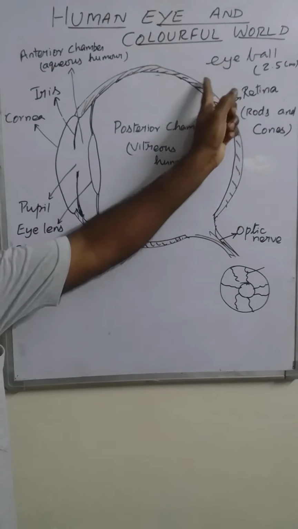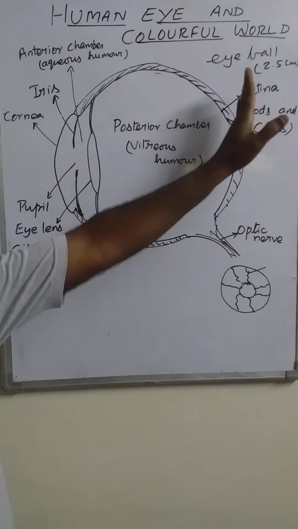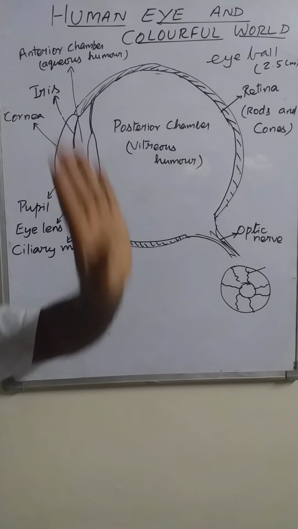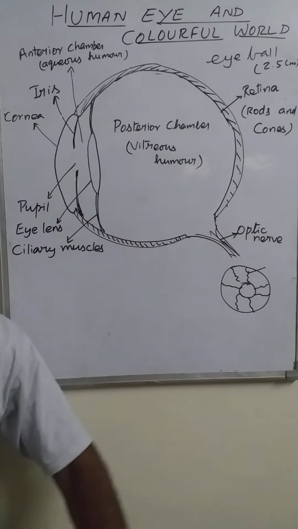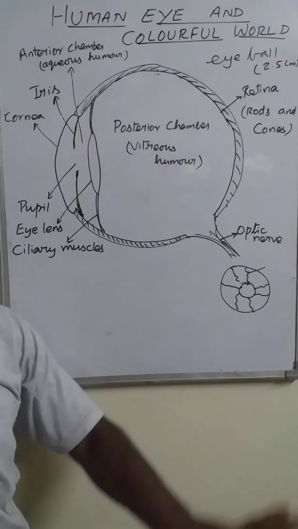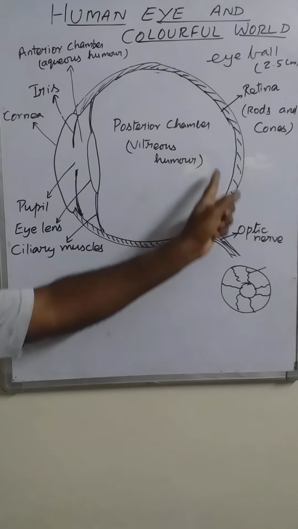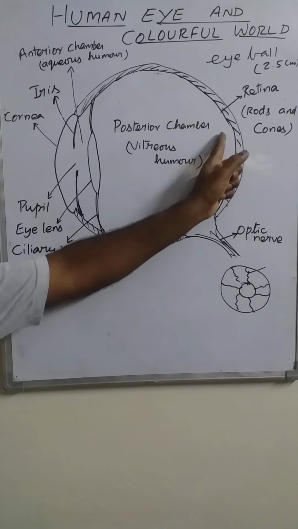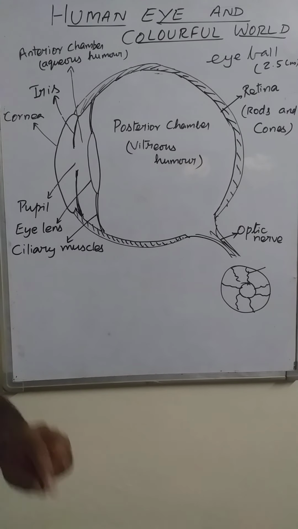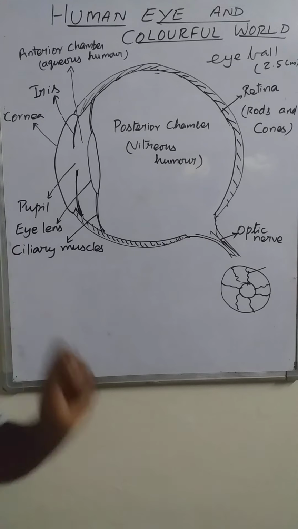After that, there is the rear part of the eyeball, the inner and rear part of the eyeball, on which the image is formed. That part is known as the retina. So the part where the image is formed is also known as the screen.